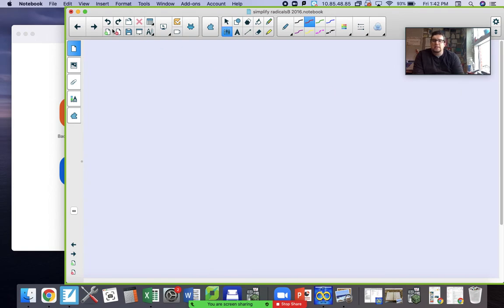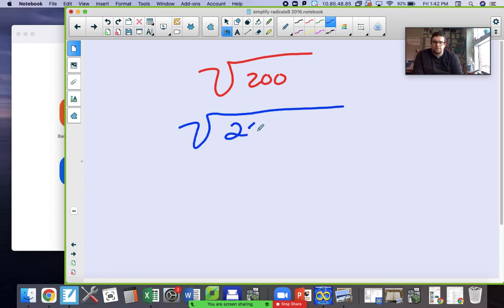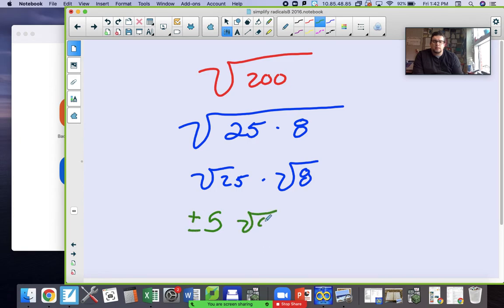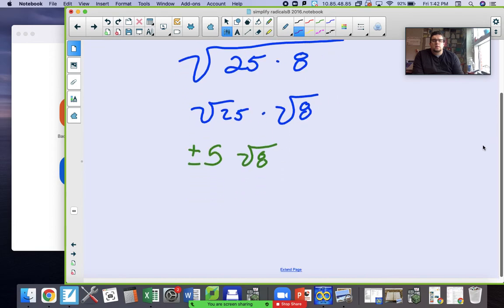We're going to do one last one. It's going to be the square root of 200. First one I can think of is 25. 25 goes into 200 8 times. So we break those apart, and we're going to square root them individually. But I'm able to split the 8 further.